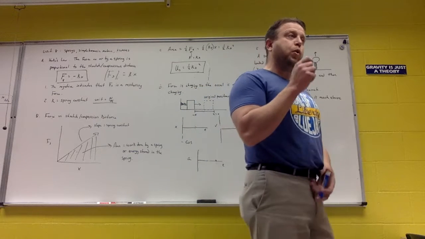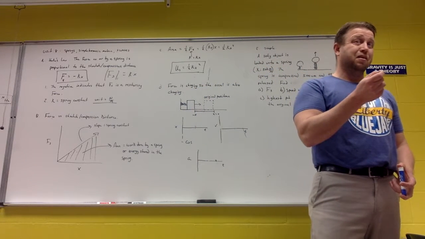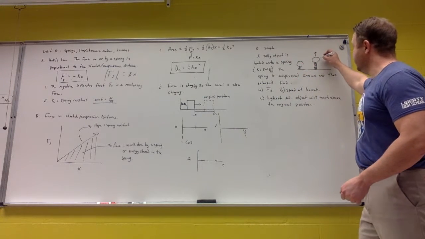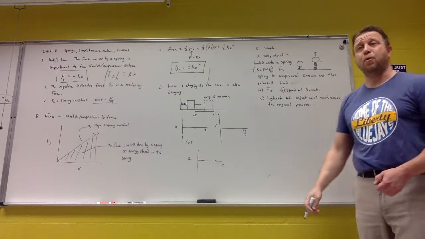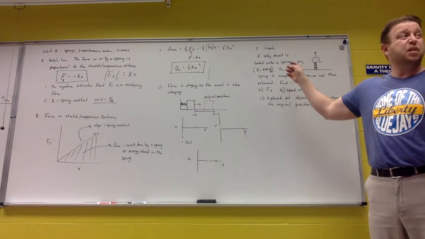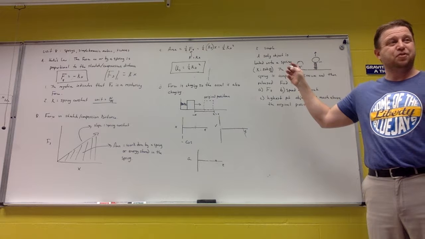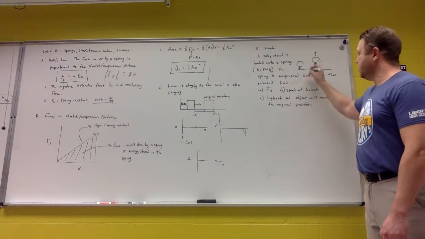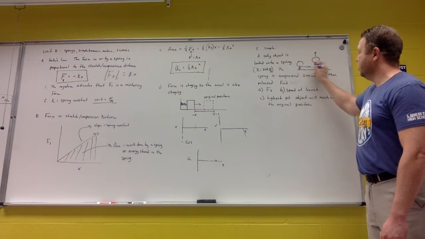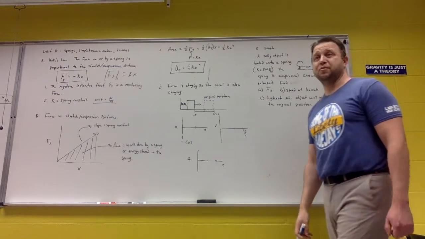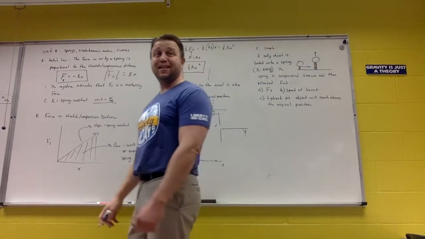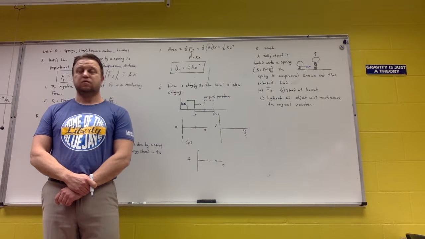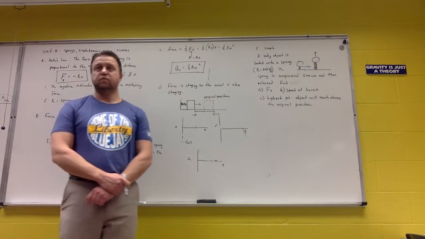It's based on where we assign 0, because I can assign any point 0. But if I assign this right here as my 0 point, I'm initially starting with negative gravitational potential because I'm starting below that. So the best thing to do is always start with your lowest point in your problem as 0 meters. That's usually the best thing you can do to simplify these. Okay? Good so far? All right.